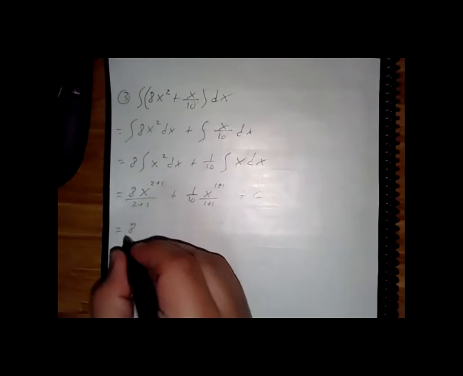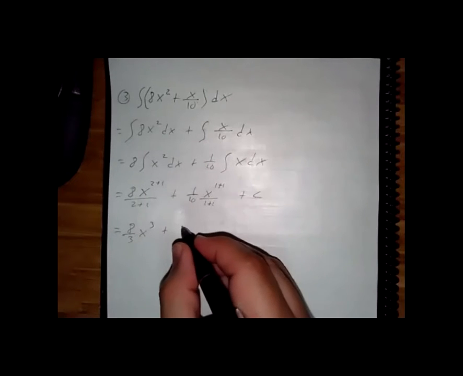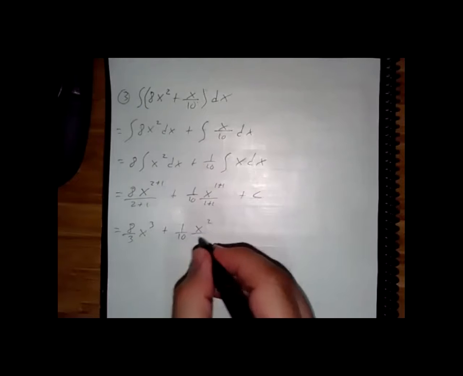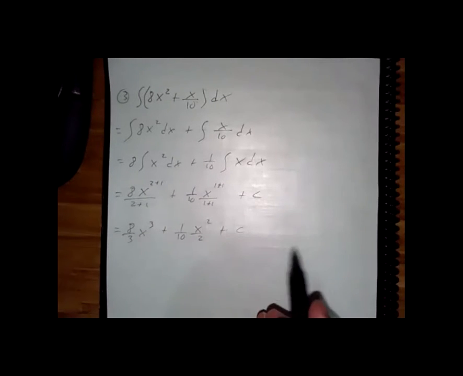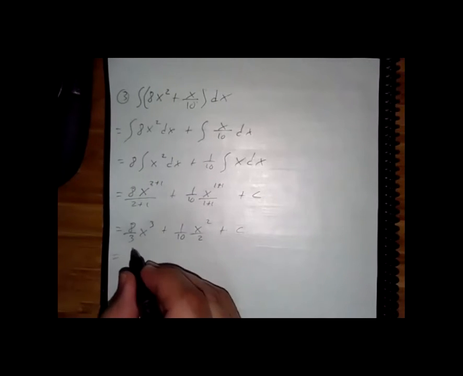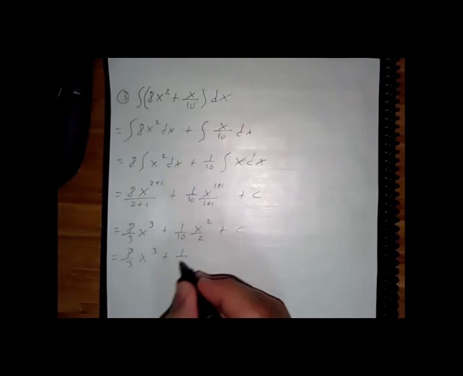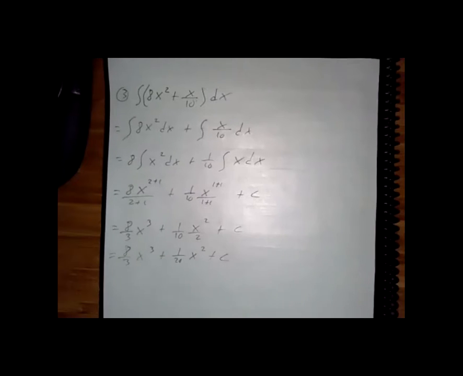So we have 8/3 x cubed plus 1/10 x squared over 2 plus c. But we can multiply that out, right? So 8/3 x cubed plus 1/20 x squared plus c. Any questions about the power rule for antiderivatives?